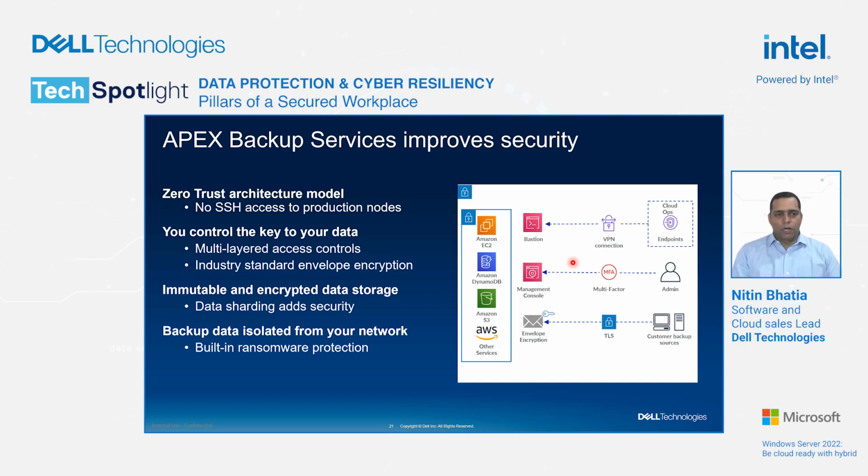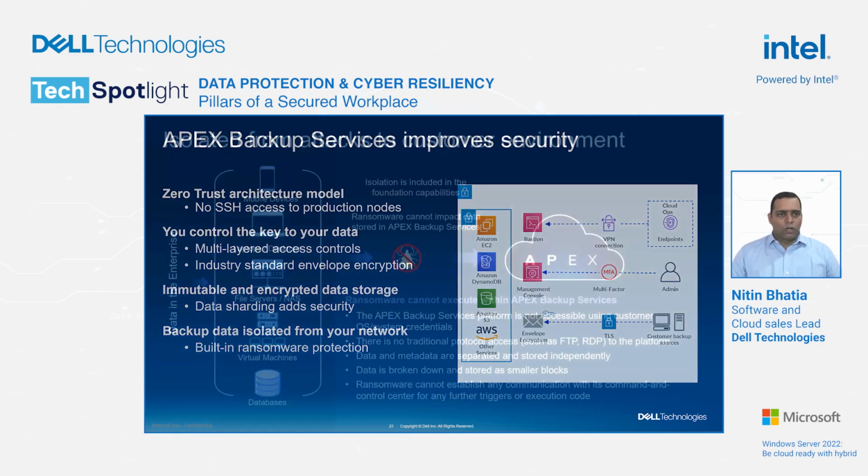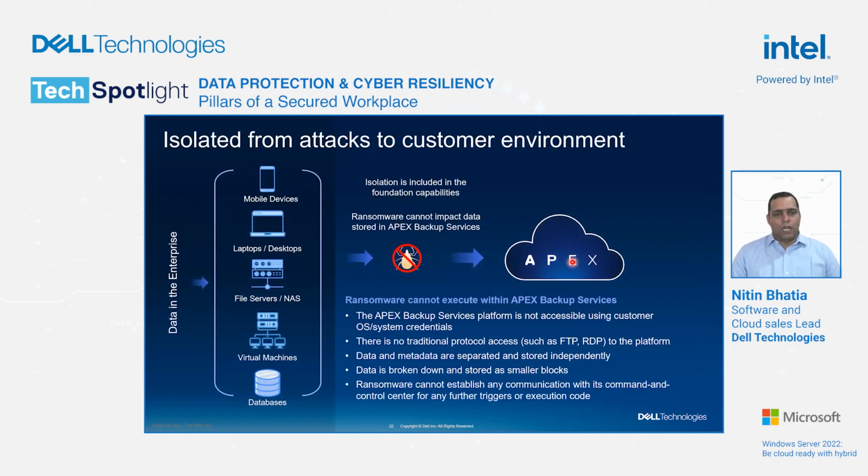It is immutable. Data shredding is an added security. Backups are isolated. It has built-in ransomware protection, which gives all your endpoint information a resilient architecture that you can recover from. Just wanted to cover the isolated attacks are being isolated.